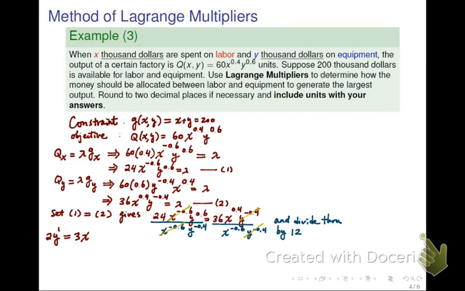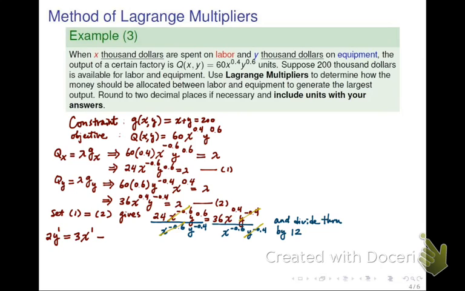So by doing that, we can see that the left-hand side, after division by 12, we get 2 as a coefficient. X now disappears. For the y term, it's the power on top minus the power on the bottom, because that's one of the power rules for exponential functions, right?